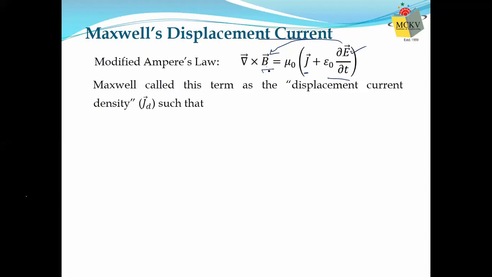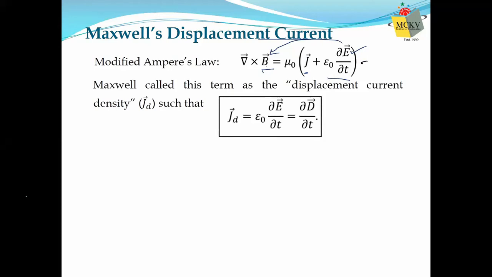Why? Because if you observe this equation, J is the conduction current density. So we write it this way: J plus something, epsilon ∂E/∂t. I am writing it as JD. This quantity, epsilon ∂E/∂t, I am giving the name JD, because whatever the unit of J, that would be the unit of epsilon ∂E/∂t.